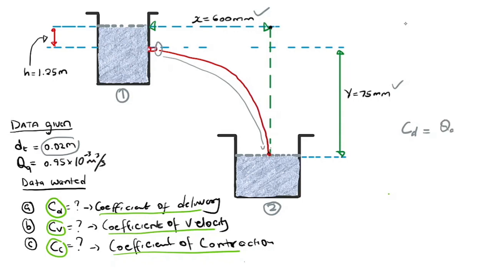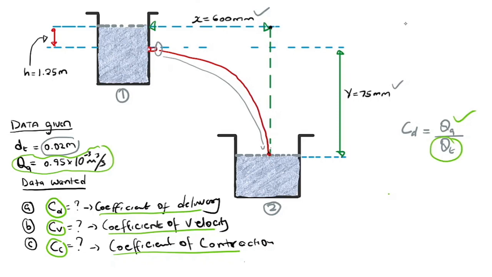The formula to calculate the coefficient of delivery is C_D equal to the actual delivery, Q_A, divided by the theoretical delivery, Q_T. Here we've got the actual delivery, so we can put it here, but we don't have the theoretical part. We have to find it.